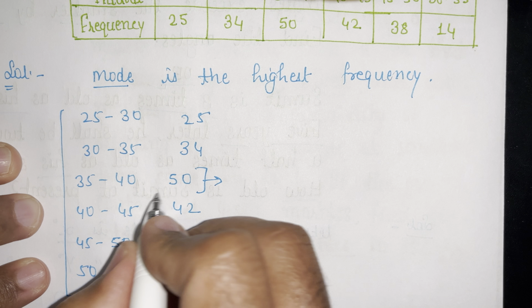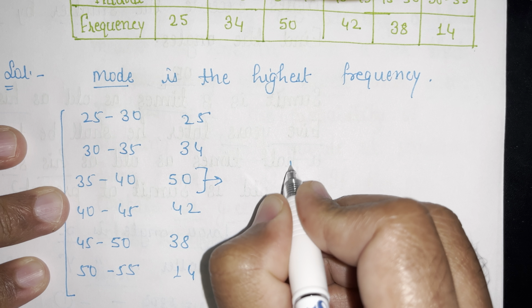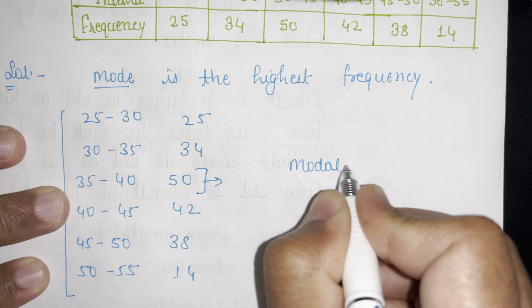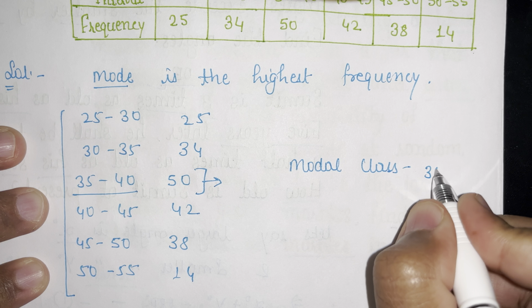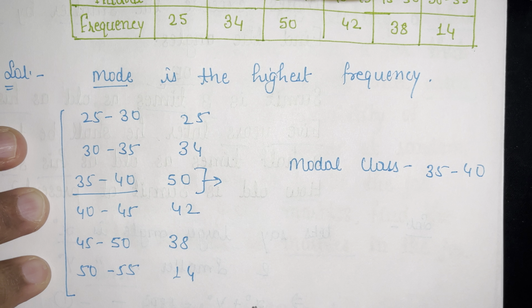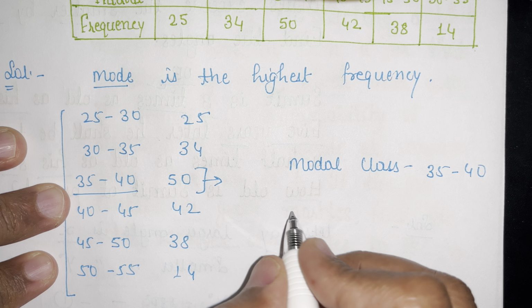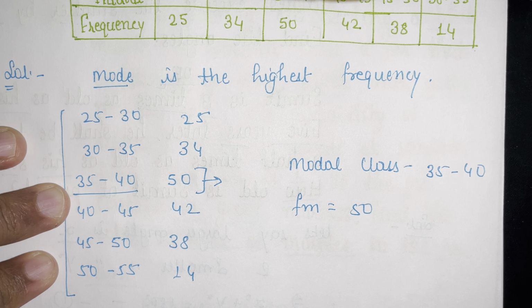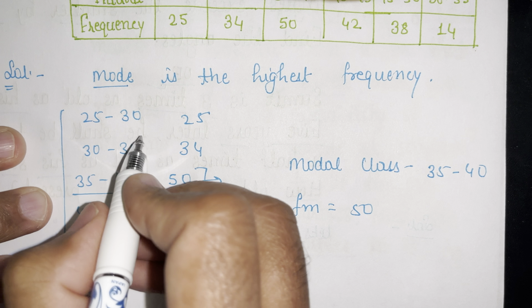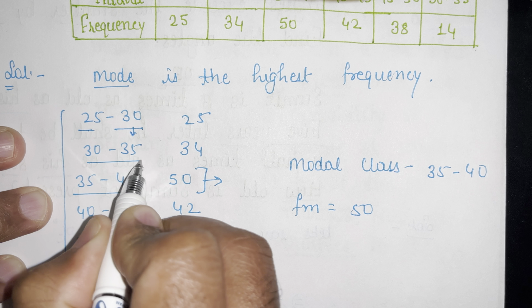So the highest frequency in this case, the modal class, will be 35 to 40. And the maximum frequency, let's call it FM, will be 50. The height of the class, that is the range, will be the highest minus the lowest of any interval you can take.